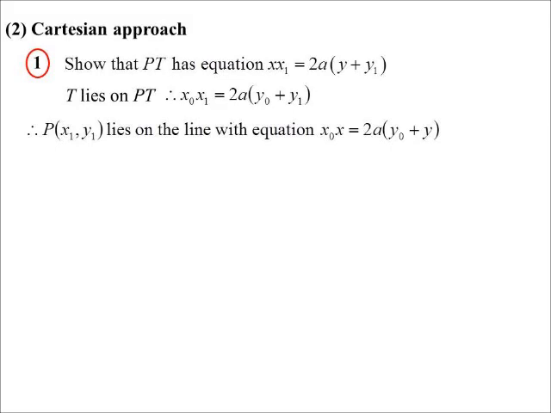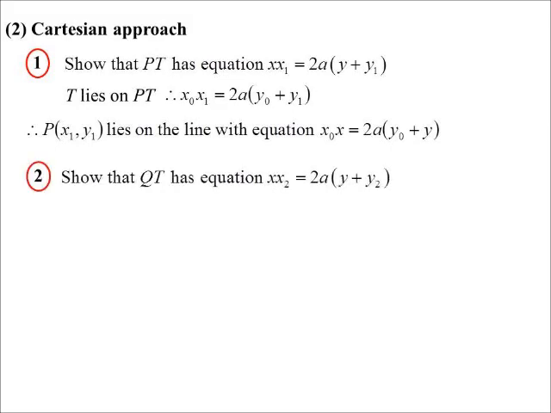In this case, 2a is the constant. And then equals a constant, well, 2a y0 is the other constant. That is the equation of a line. And if I substitute x1, y1 into it, I know it's true because of the line above. So therefore, P must satisfy that particular equation. Okay.